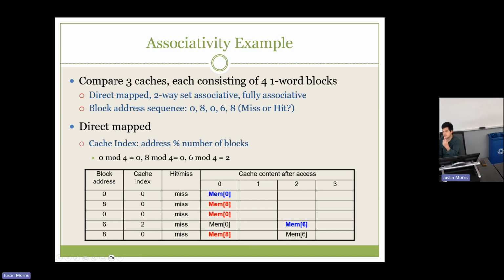So that's only 1 instead of 4. So this means that they're conflicting. But if I saw like 20 different memory addresses in between and then I saw 0 again, that is capacity, because it didn't matter that they're going to fight for the same place.